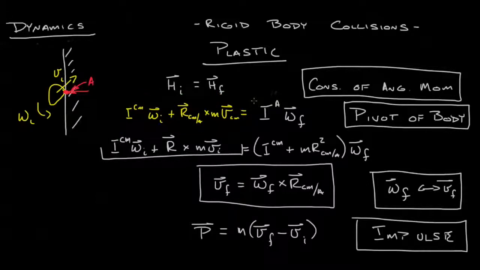The second way is to use the parallel axis theorem to understand the body pivoting about the impact point. Then, of course, we can step back, find the final velocity, or find whatever else we need to find. I hope this gives you an intuitive idea of how to deal with plastic rigid body collisions.